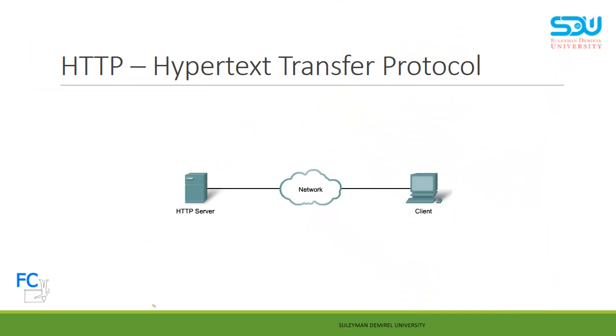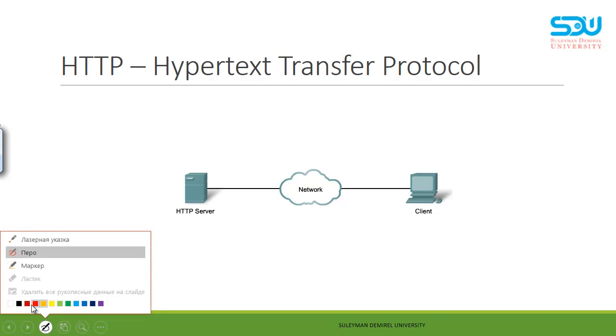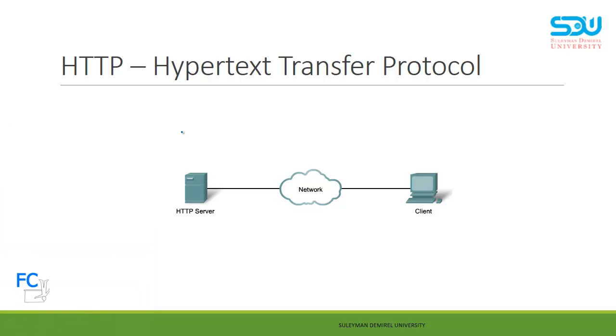The next protocol is HTTP, the Hypertext Transfer Protocol. Before answering the question of what HTTP is, let's first take a look at hypertext. What is hypertext? When I ask my students what hypertext is, mostly they answer that hypertext is the hyperlink. But actually hypertext consists of the hyperlink and other things.